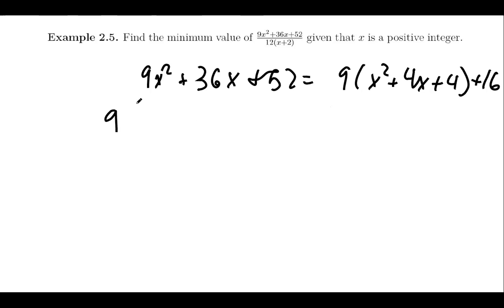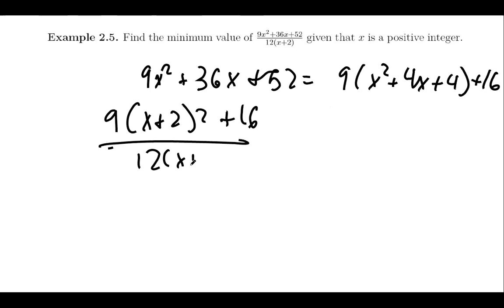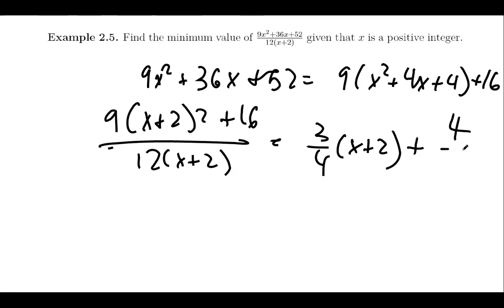So if we complete the square, we get 9 times x plus 2 squared plus 16, and the entire expression is now this. Okay, now we can split the fraction into two parts. So one part will be 3/4 times x plus 2, and the other part is the part with the 16, and that will be 4/3 with x plus 2 in the denominator.